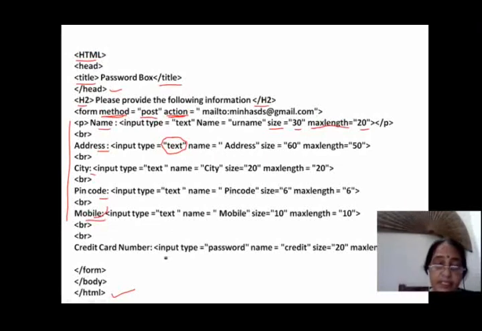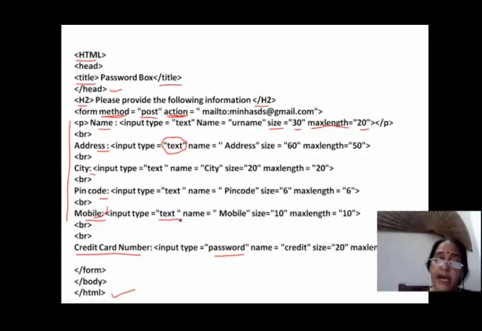Now here you see for the credit card, if you ask someone to type your credit card number, you don't want the number to be seen by all. So what we do in HTML programming, we apply the field password. We don't apply the field text.